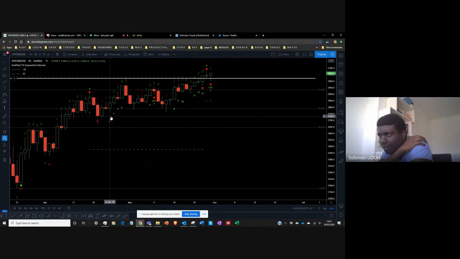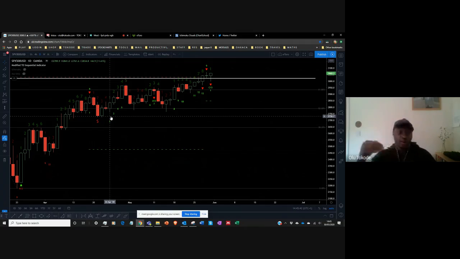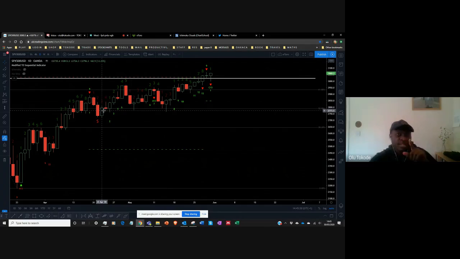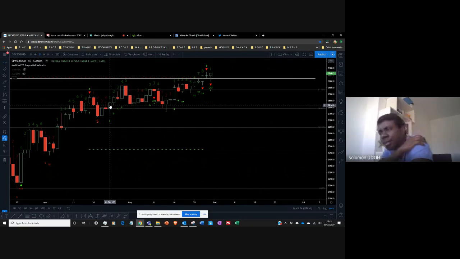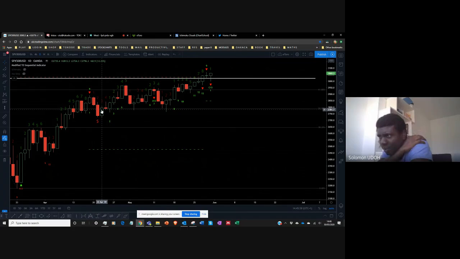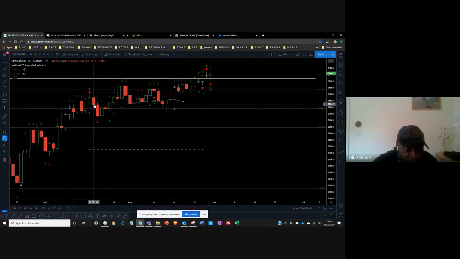Because it needs to close above the close of the candle 2 days prior. So this 2 needs to close above this. Yeah, that's why with this one we couldn't do that, because 2 days prior was higher than that candle.